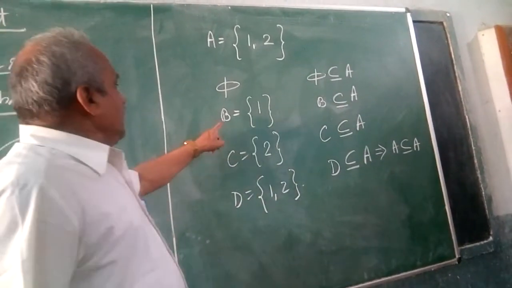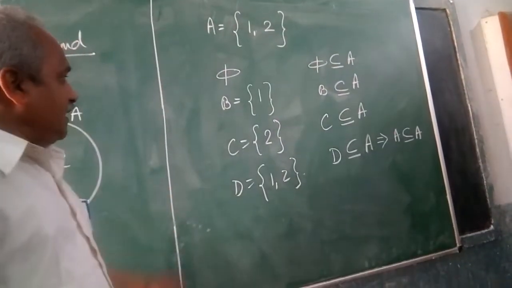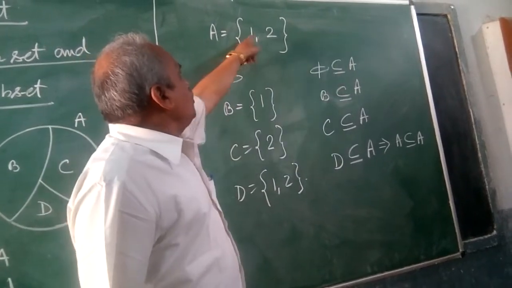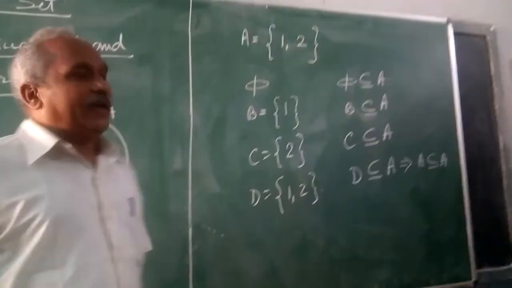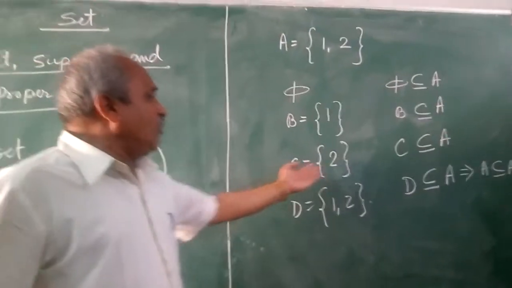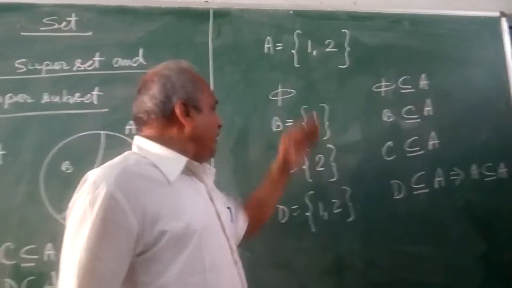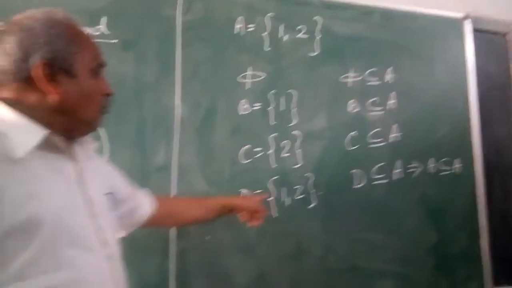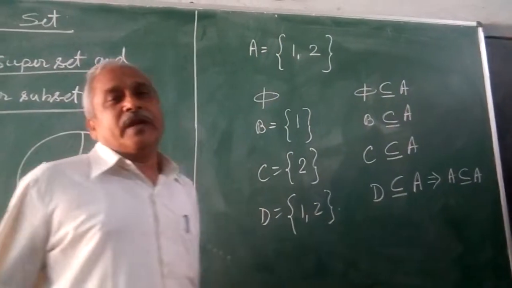If there are two sets B and A such that each and every element of B belongs to the set A, then B is called the subset of A. Similarly, each and every element of C, 2, belongs to C and also belongs to A. Therefore, C is a subset of A. D, 1 and 2 also belong to A. Therefore, D is a subset of A.